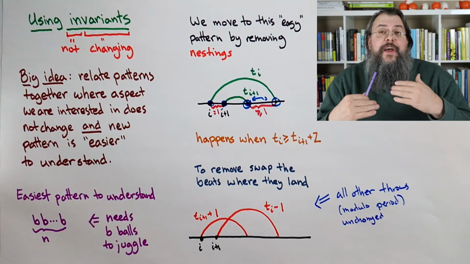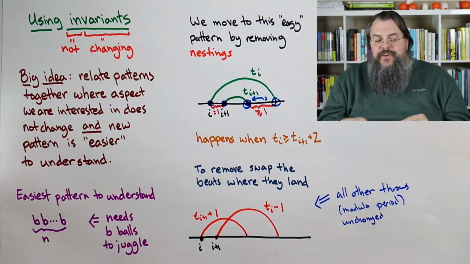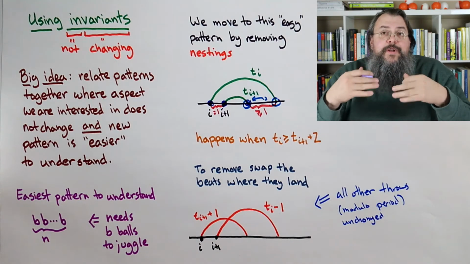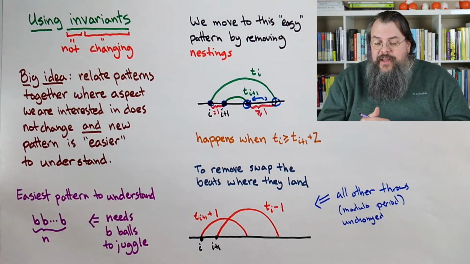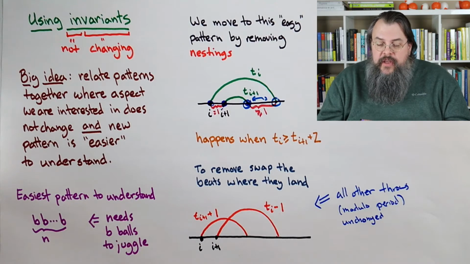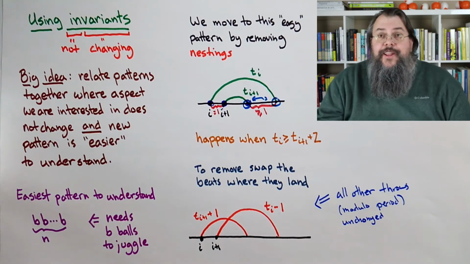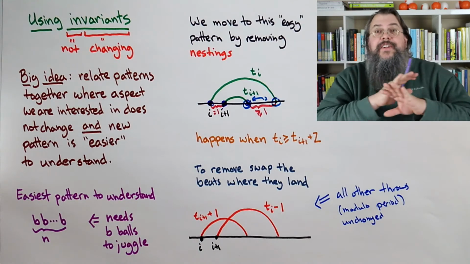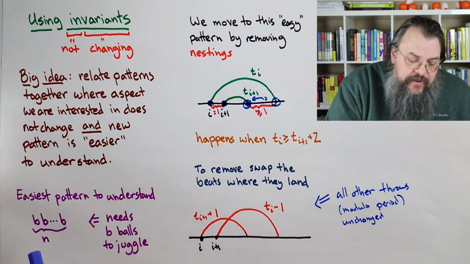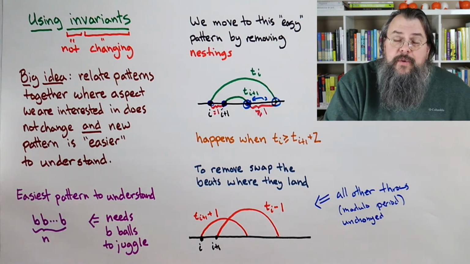They're now going to cross. And so, in essence, we've reduced the number of nestings. You'll notice, of course, that if you look at this pattern, lots and lots of crossings, there's never a nesting. Nothing nests in this juggling pattern.